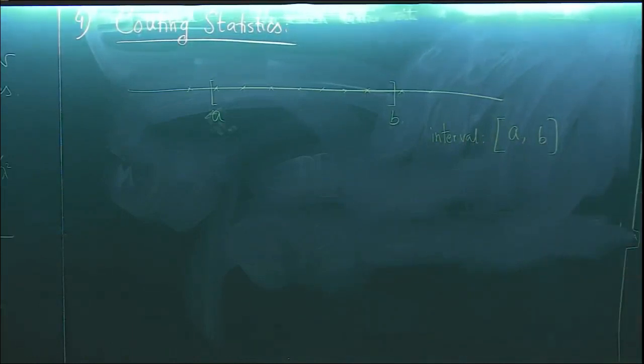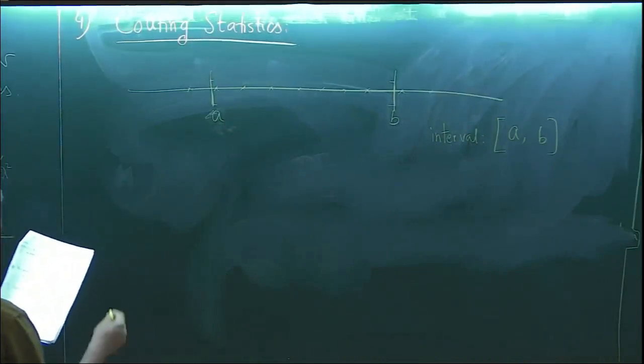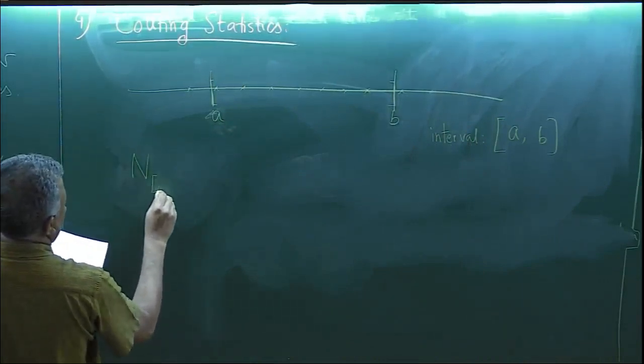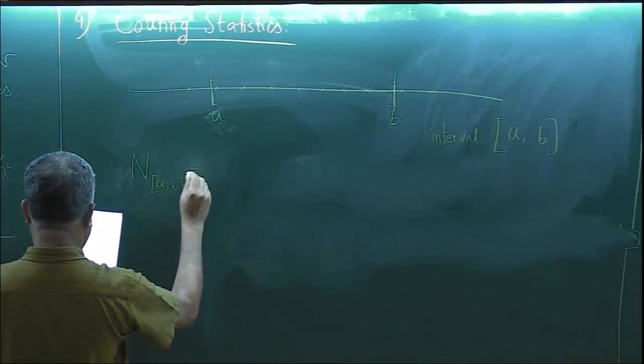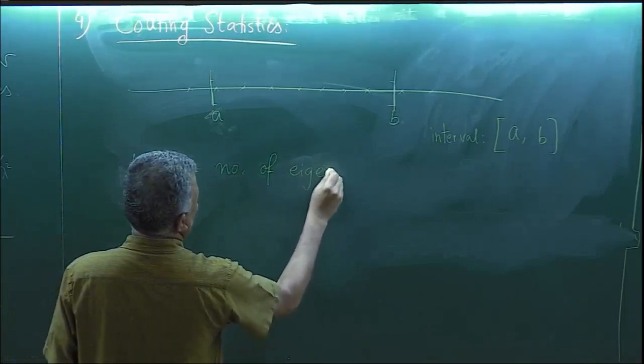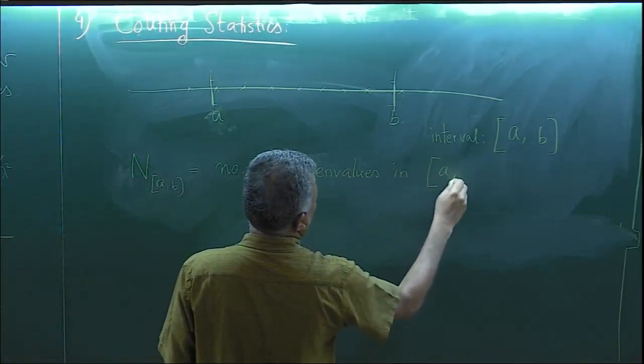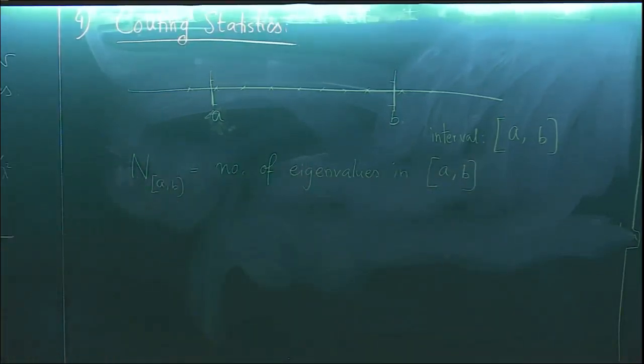And I just ask how many points are there in this interval. Let me define this: the number of eigenvalues in AB. Now this is also a random variable because it fluctuates from one configuration to another, and each configuration occurs with its probability. So this object is a random variable. And you can ask, what are its statistics?